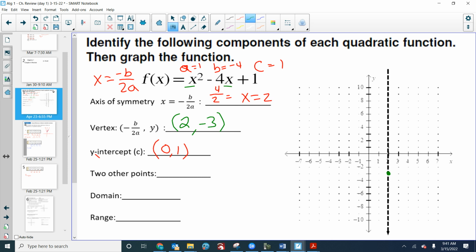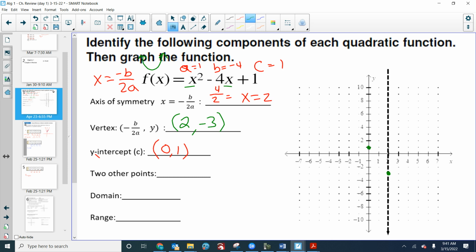Now, is my problem going to open up or down? It's +1 there, right? Remember, you draw a little smiley face there, so if you have to graph it, you know it opens up. We already got (0, 1).